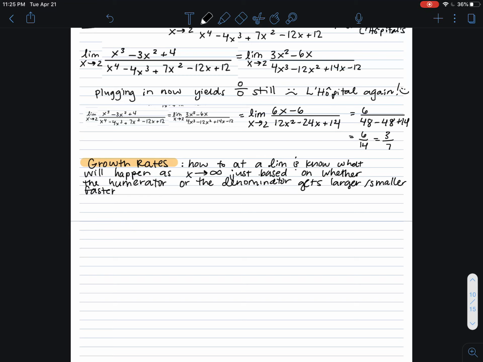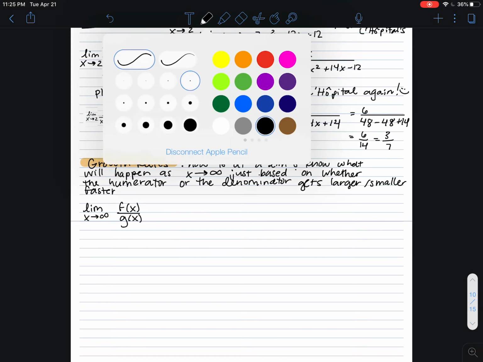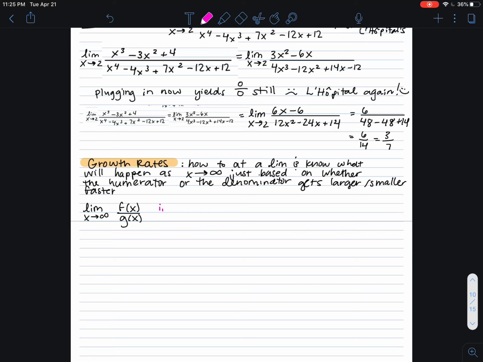So basically, I want you guys to think about this as, if we have f of x over g of x, and we're taking the limit as x goes to infinity, if f of x goes to infinity before g of x goes to infinity, then the limit is going to go to infinity, right?